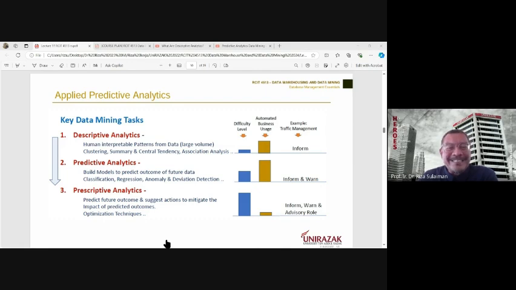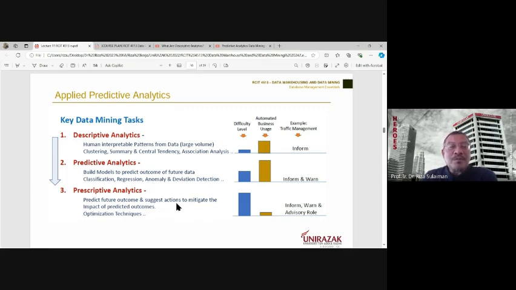All right, so here we go again. We are going to continue with our lecture now. The third one is the prescriptive analytics. This is to predict future outcome and suggest actions to mitigate the impact of something.